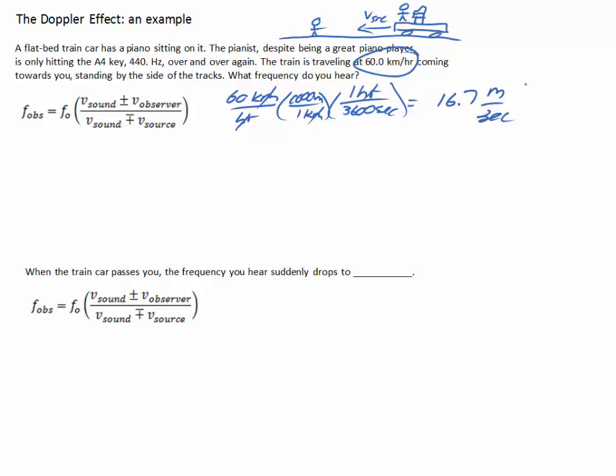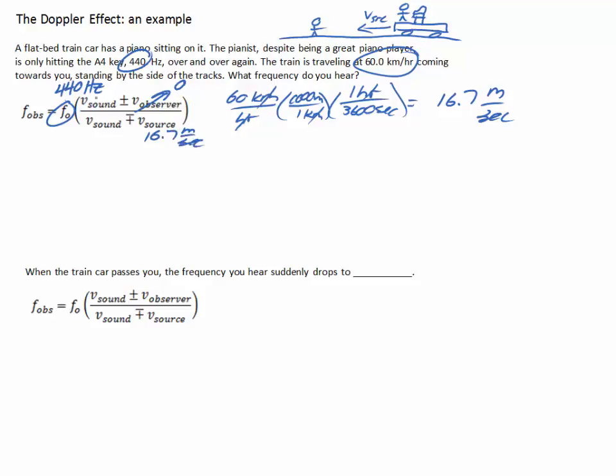Now, looking at our Doppler effect equation, F naught here, that is our 440 hertz. The observer, you standing by the side of the tracks, are not moving, so that V observer is 0. And V source, that is our 16.7 meters per second.